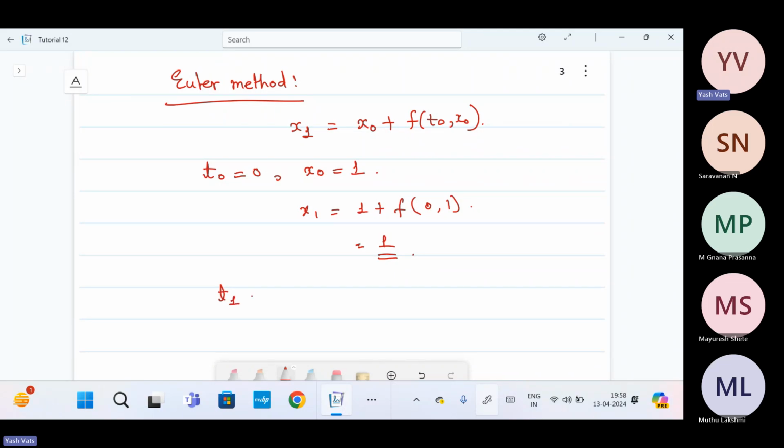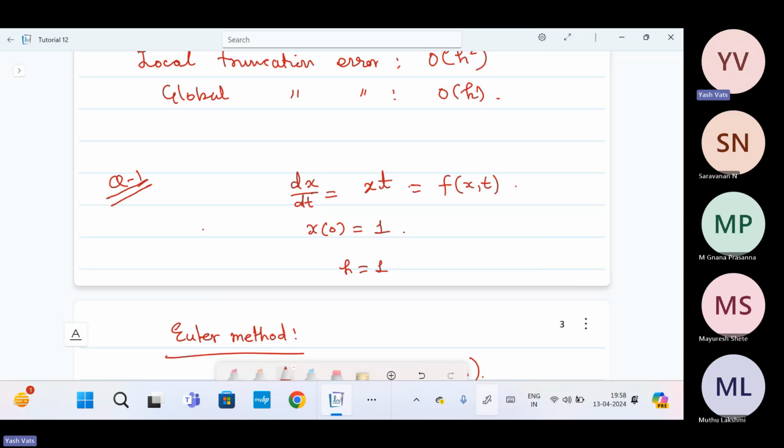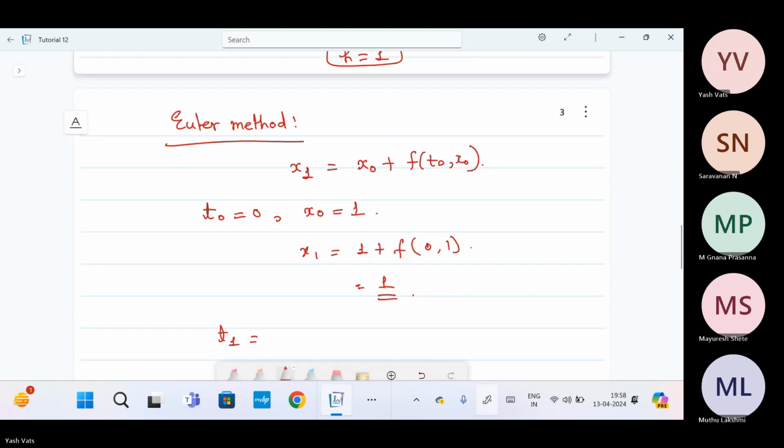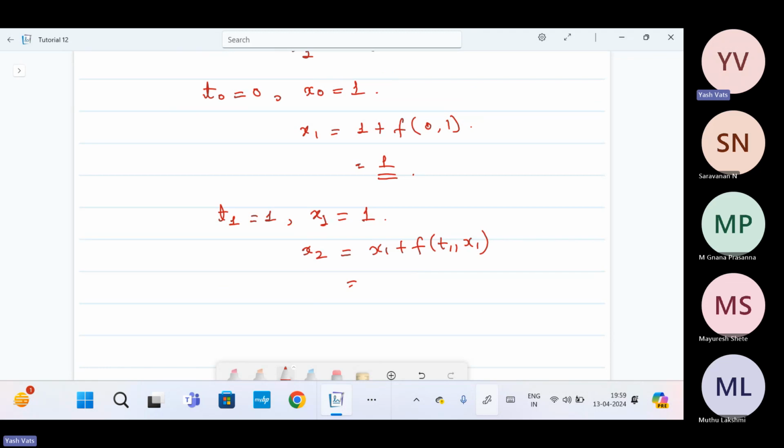Similarly, t1 is now h. What is h here? H, just take 1. So t1 is 1, x1 is 1. So you can find x2. x2 is x1 plus f of t1, x1. What is x1? x1 is 1 and t1 is 1, so 1 times 1. So it will be 2.